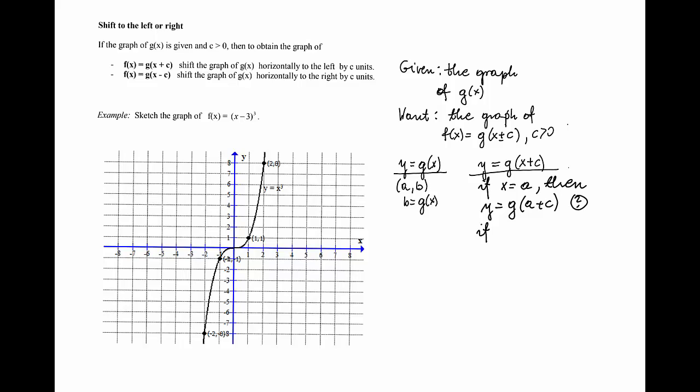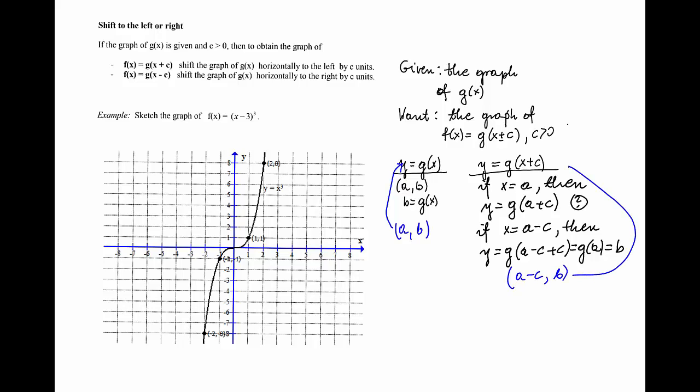However, if I choose x equal a minus c, notice then the value of y is going to be g of (a minus c) plus c, which results in g of a, and that is equal to b. So we can say that if the point (a, b) is on the graph of the function g of x, then the point (a minus c, b) is on the graph of the function f of x, or g of x plus c.